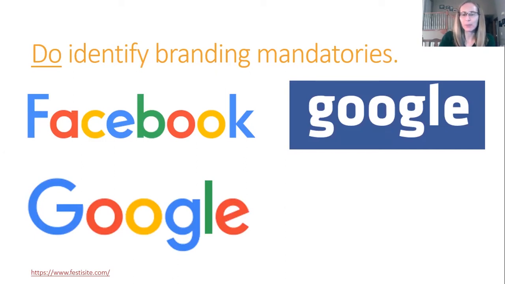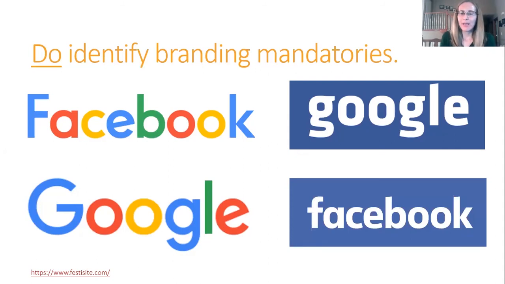You may think Facebook, because Facebook has used these branded elements in terms of the blue background, the white text, the all lowercase for its business name. And so these examples are hopefully communicating the power of branding mandatories and sharing that how you say something is almost as important or just as important as the message that you're attempting to communicate.